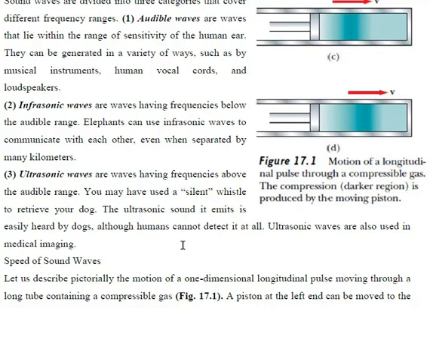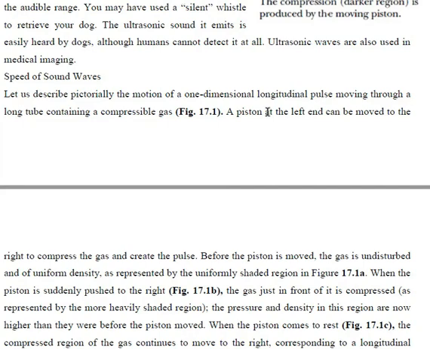Let us describe the motion of a one-dimensional longitudinal pulse moving through a long tube containing a compressible gas, and a piston at the left can be moved to the right to compress the gas and create a pulse.